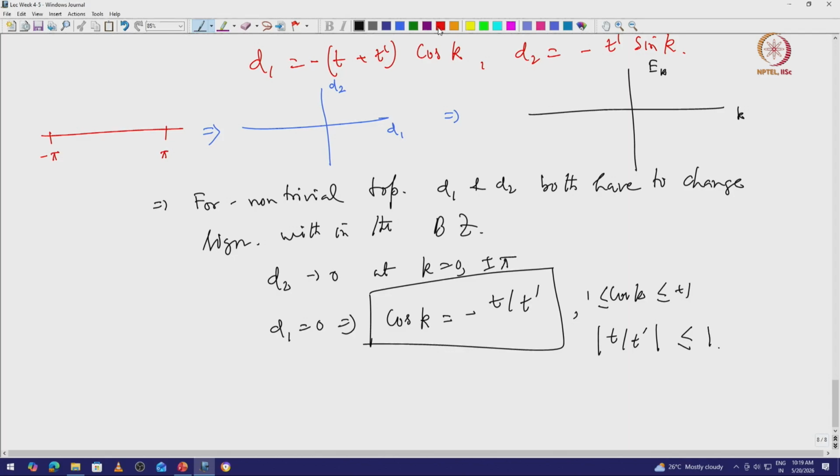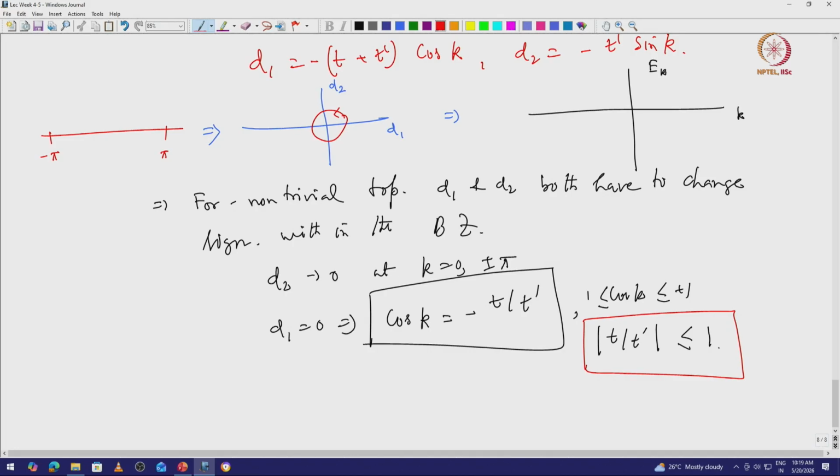This is the important parameter space in which we will be able to wrap around, and that will give you a band inversion.